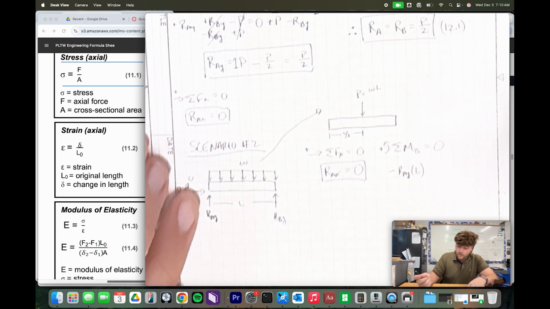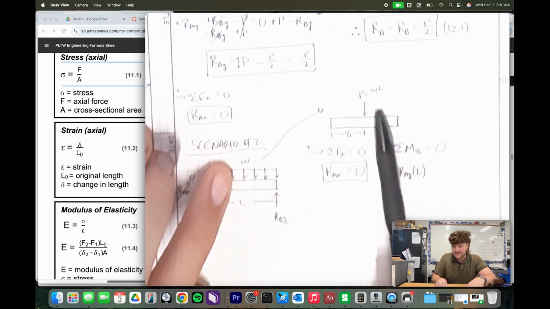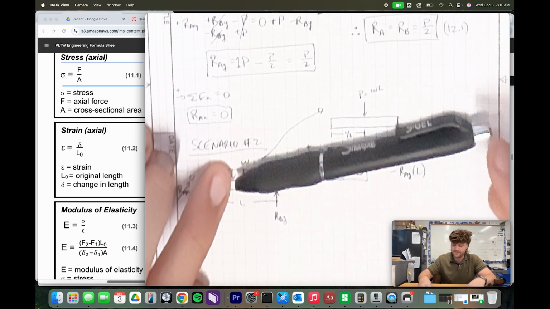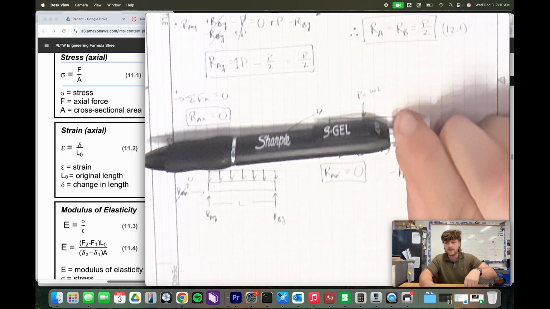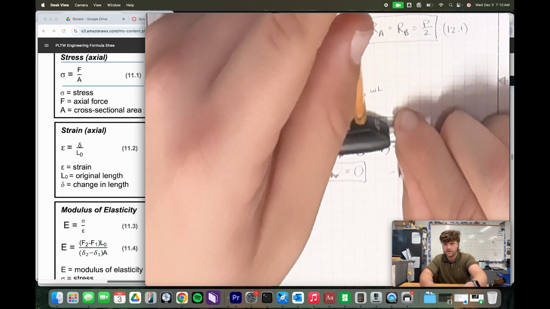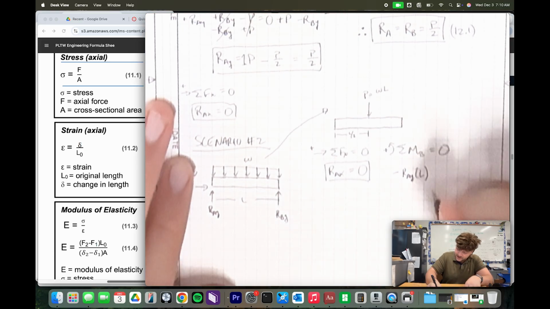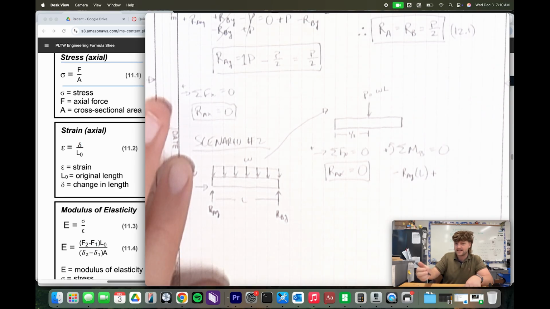And then we want to think about this uniformly distributed load as an approximated concentrated load, right? So if this is point B here still, we have this force P, which is that approximated concentrated force. As you can see, that's going to be counterclockwise rotation, so that's actually going to cause a positive moment.